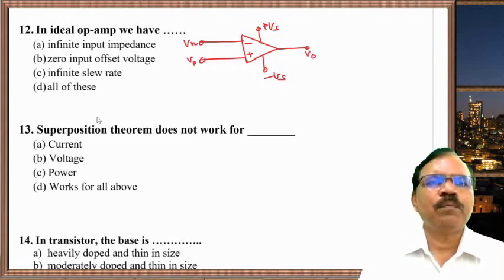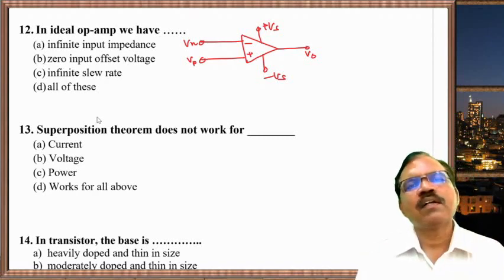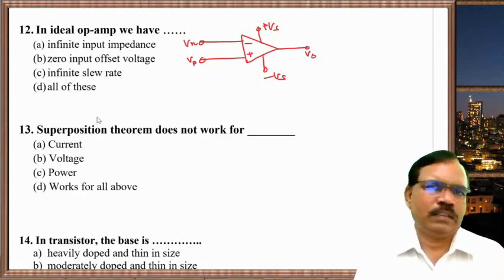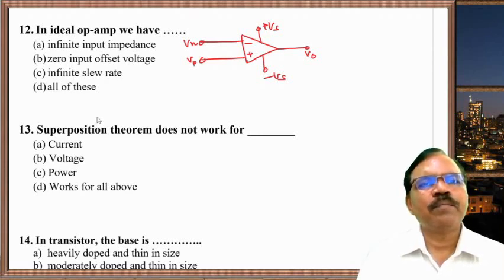So here infinite input impedance. Input impedance is input voltage upon input current. Now here input impedance must be infinite, Ri must be infinite.